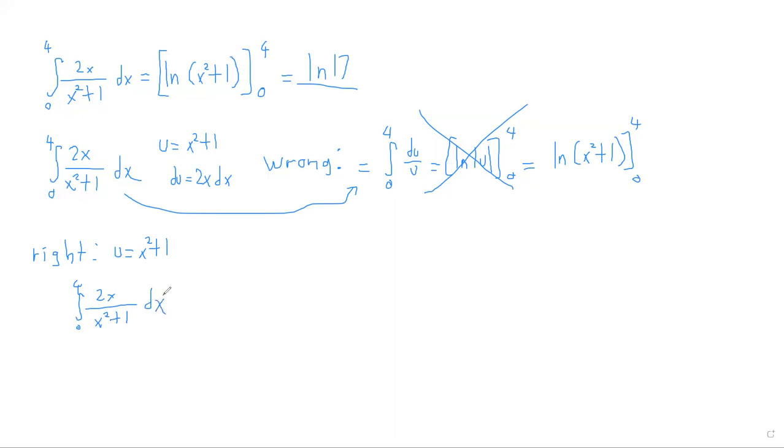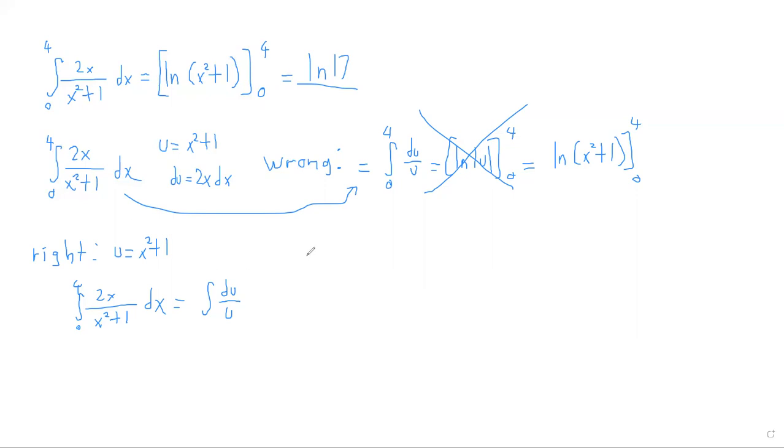You can do the u substitution, but what you do instead is this. Let's say you wanted to do your u substitution. We're going to leave this blank first. The integrand is just du over u. But we have to change the bounds.